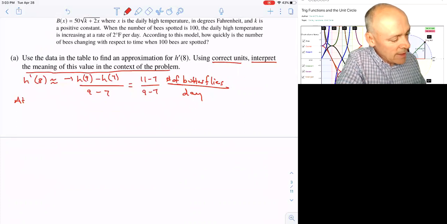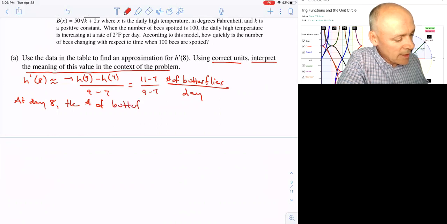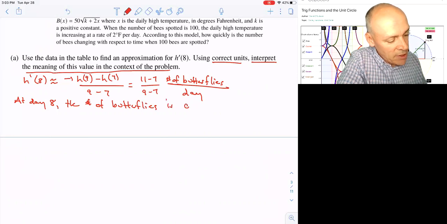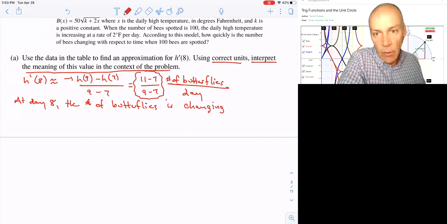Now, the last part of this, the interpretation, I'm going to say that at day 8, the number of butterflies is changing. I can look at this expression and see pretty quickly that it's positive, but I can go with changing because that would cover increasing or decreasing. I don't have to commit to one or the other.